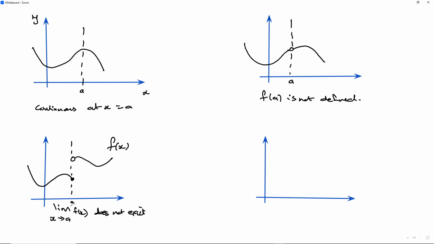And why does that not exist? Because there are two possible values that y can be. So in this case here, we would say it's not continuous.